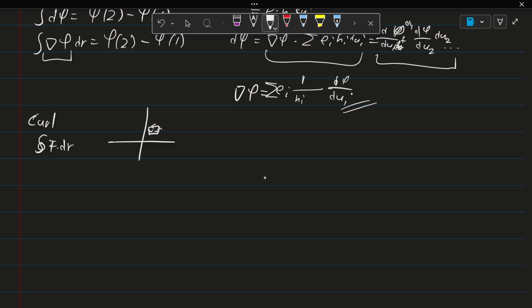So we could do the same method. We could start 1, 2, 3, 4. We could start going from the first path here, which goes from x to x plus dx. So this is x plus dx. It has the width of dx, the height of dy.